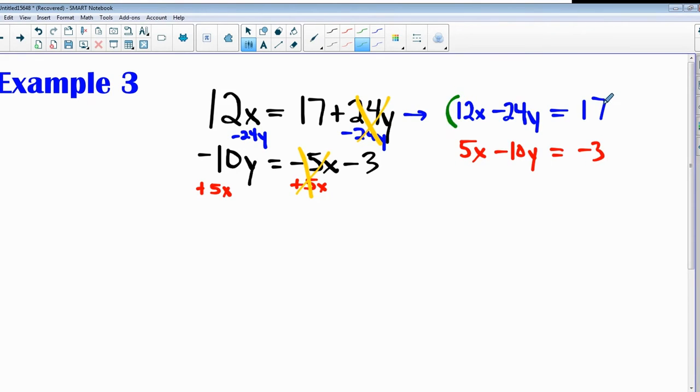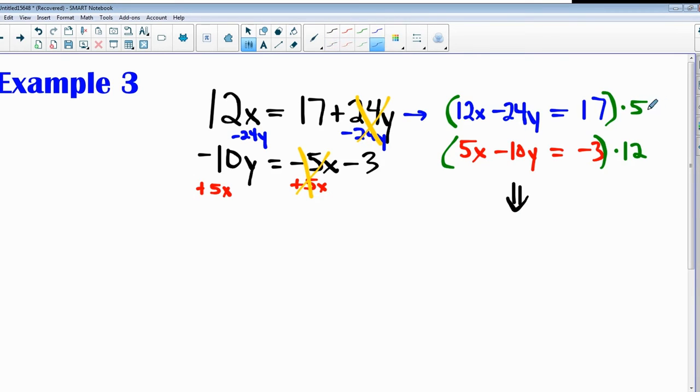So I notice I can multiply this by 5 and this one I'll multiply by 12 then, right? And so then that way the x coordinates will be the same, right? 5 times 12 is 60. All right, so I'll rewrite these down below here. So working my way down.